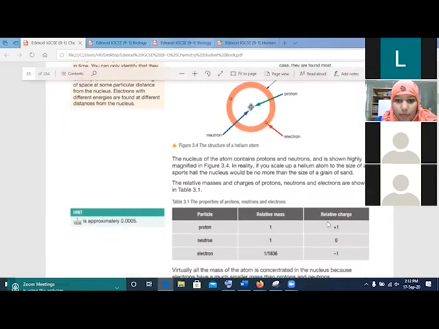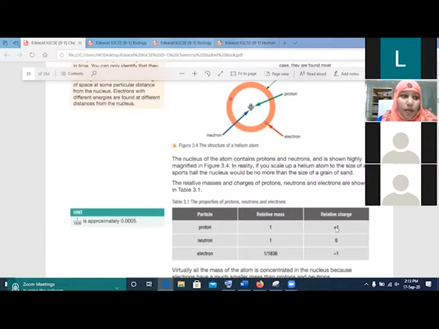Here we have a table which shows the names of the three subatomic particles: proton, neutron, electron, with relative mass and relative charge. Now we should focus on the word relative. This mass is not the real mass in milligrams or grams. It's just a comparative mass. The relative charge is also like that.